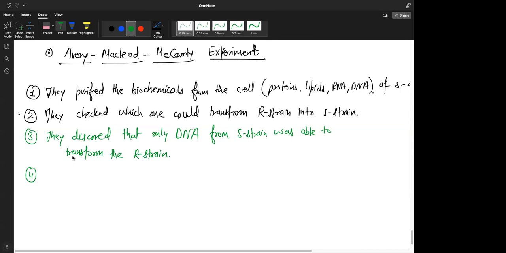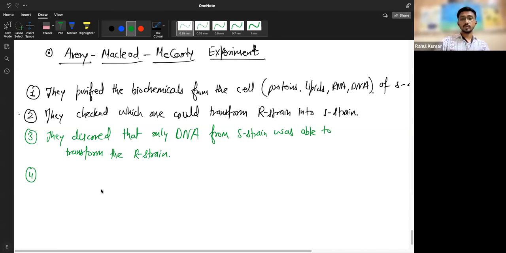So if you use proteases, then it will degrade all the protein that you have added from the S strain. Okay. And if you digest the component which was responsible for transforming, which in this case is the DNA, then only if you add DNA will the transformation be affected. So the transformation which should happen will now not happen. So write down.